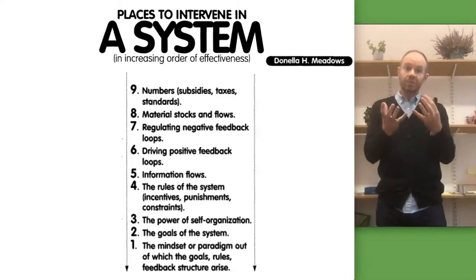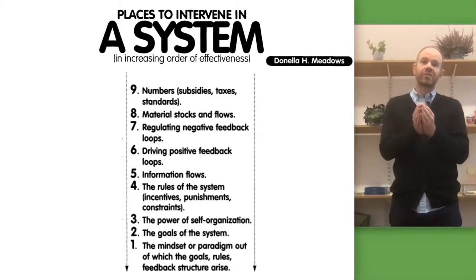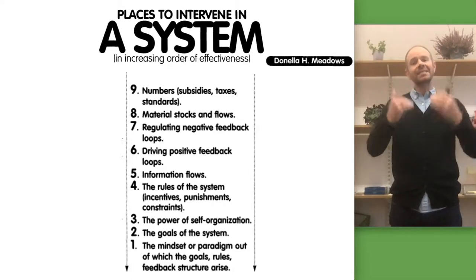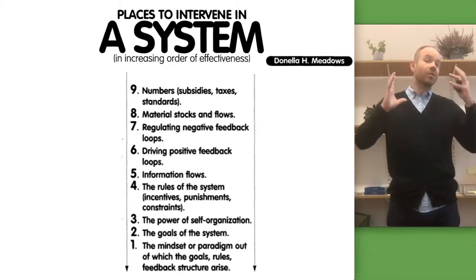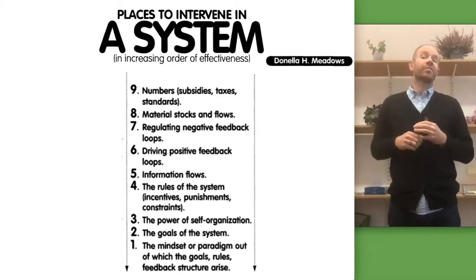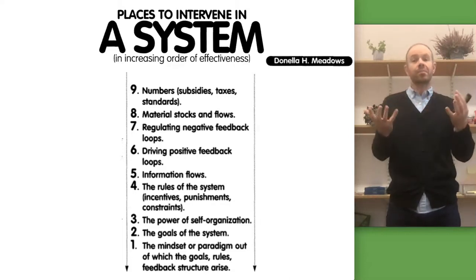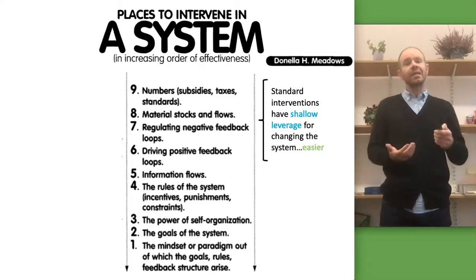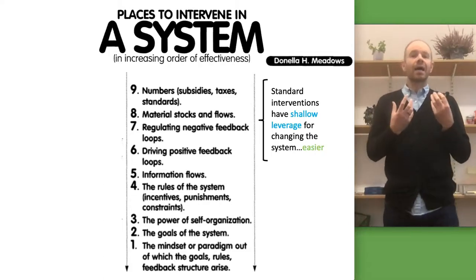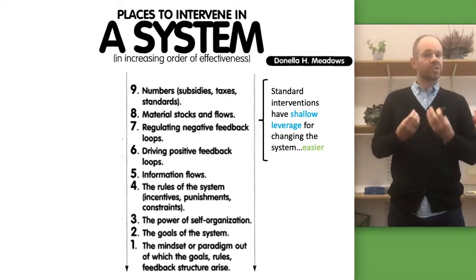She has two papers that you should have read prior to this lecture, but the short one that she has is places to intervene in a system. And she has these 9 places to intervene within a system, and she says in increasing order of effectiveness. So she basically says numbers, subsidies, taxes, standards. That's going to be the least effective intervention in a system.